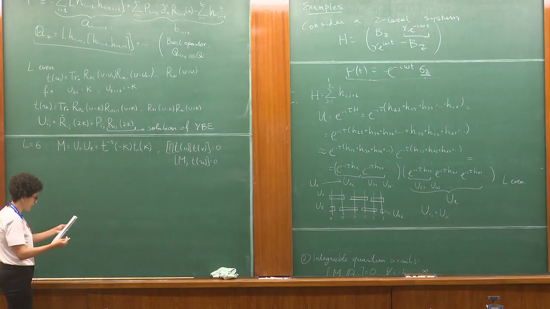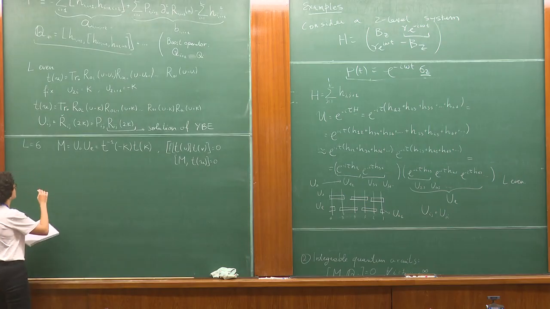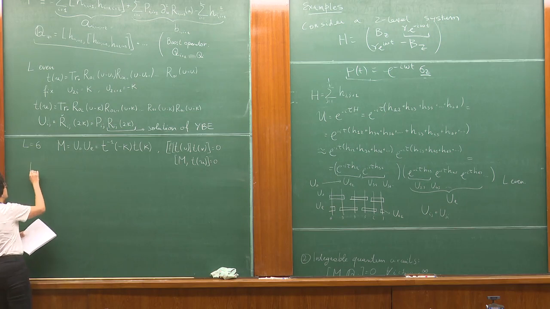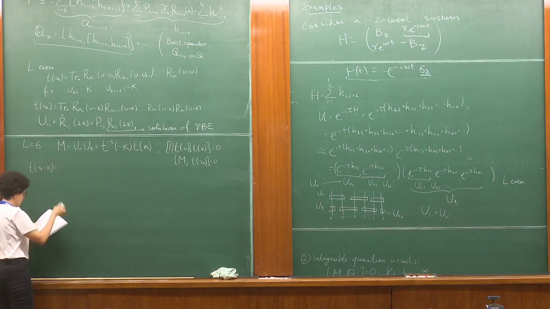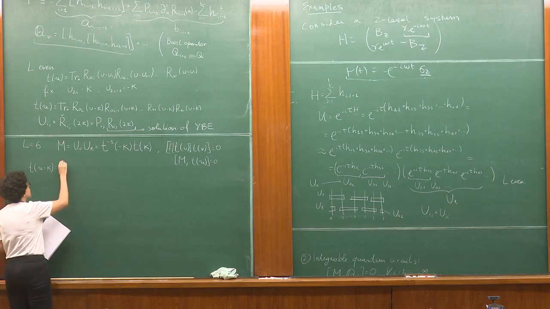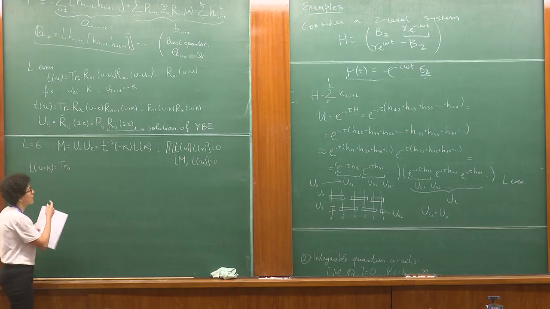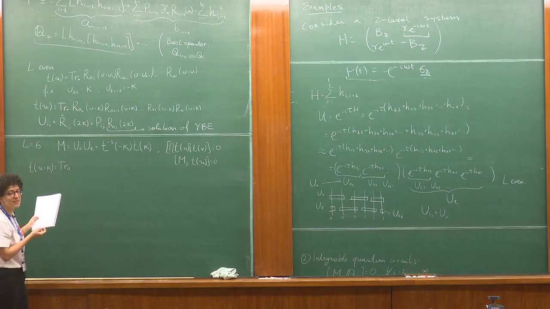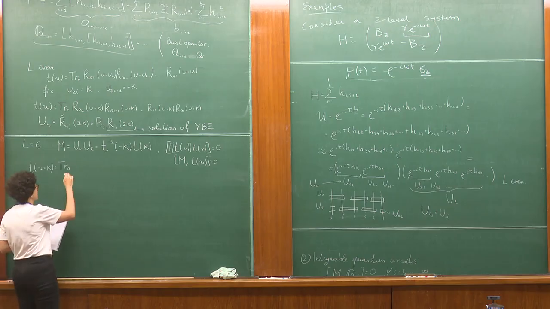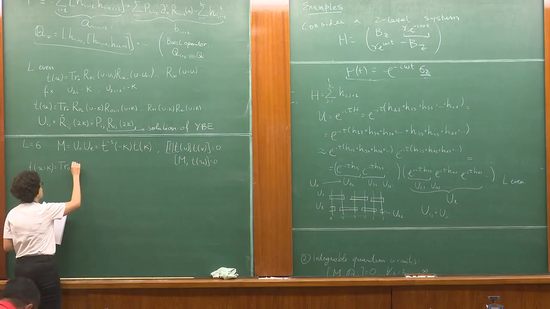So we take length 6. Let's try to be careful. So TU for U equal to kappa. So what is this? This is a trace over 0. Then we have R06, U minus kappa. R06 at 0 is just the permutation.